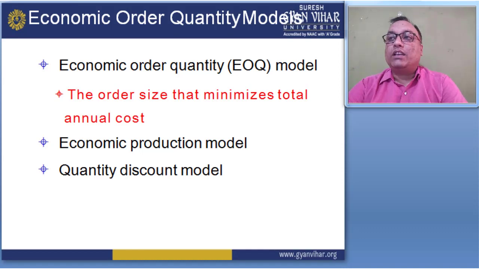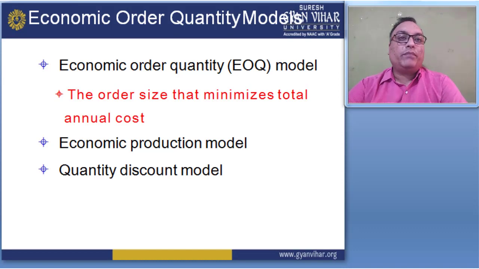EOQ is used in inventory management, which is the oversight of the ordering, storing, and use of a company's inventories. Inventory management is tasked with calculating the number of units a company should add to inventory with each batch in order to reduce the total cost of its inventory.